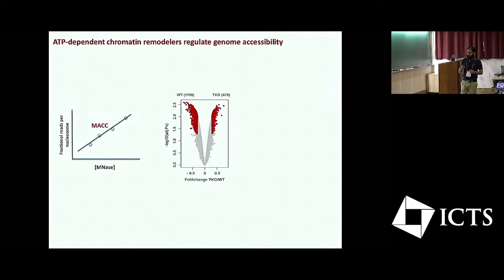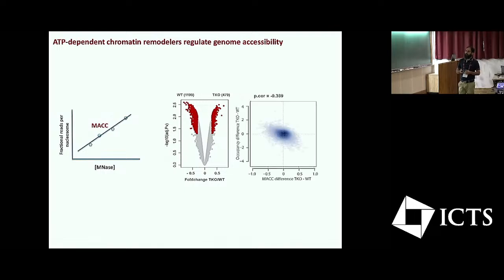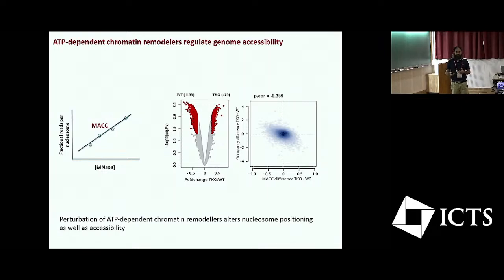So this was done, obviously, for both the strains, and we found there are many sites which had differential accessibility, and if we correlate with the change in the occupancy of the nucleosomes, there's an inverse relationship. So the bottom line is that the perturbation of these ATP-dependent chromatin remodelers changes the positioning of the nucleosomes across the genome, and it also changes their accessibility.